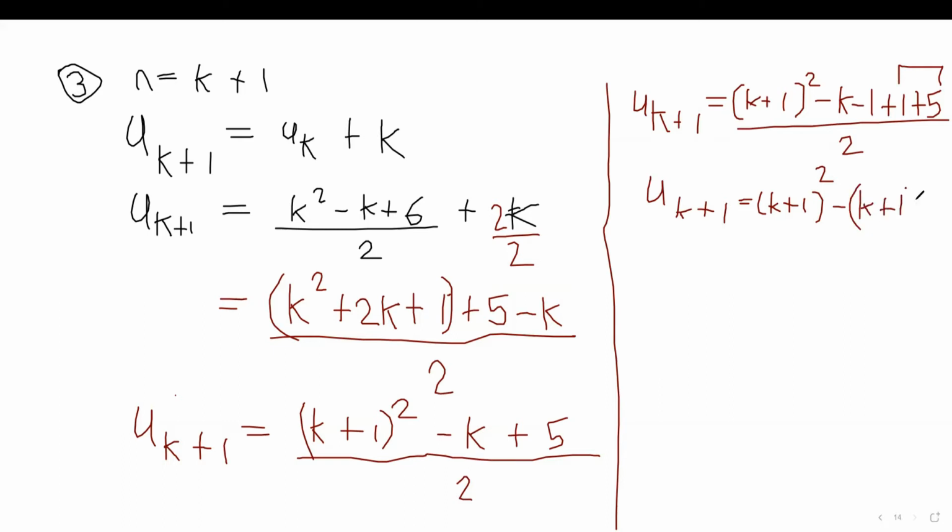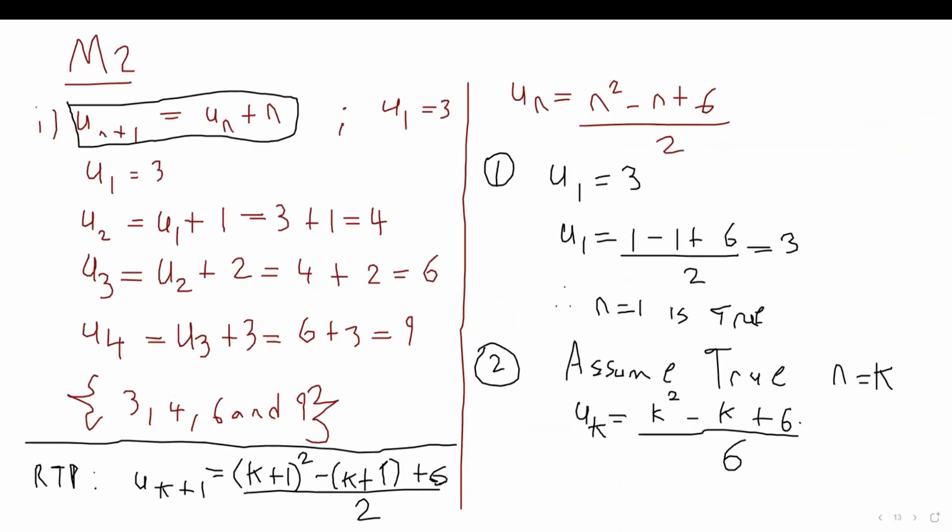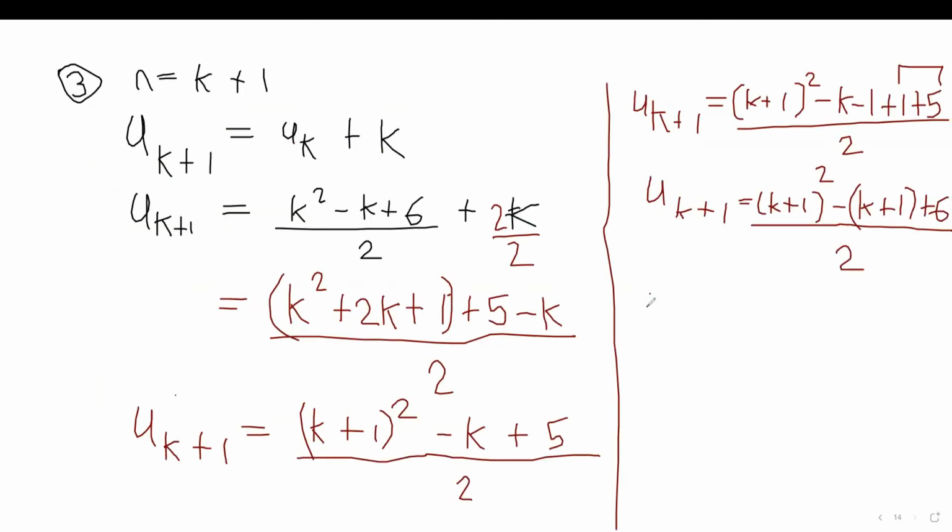And then the 1 plus the 5 is 6 over 2. So we get all we're supposed to get. See, we're done. So finish. Now we're right. Therefore, n equal k plus 1 is true. So a little bit of gymnastics, right?